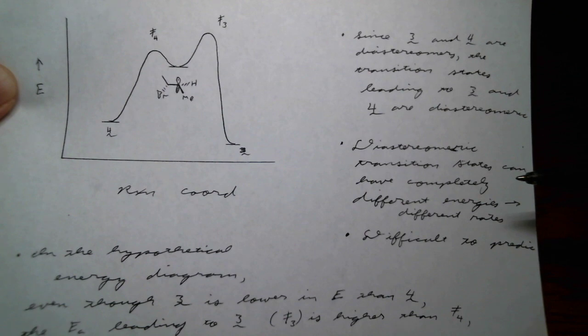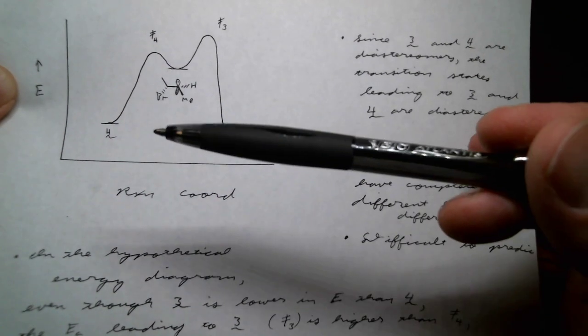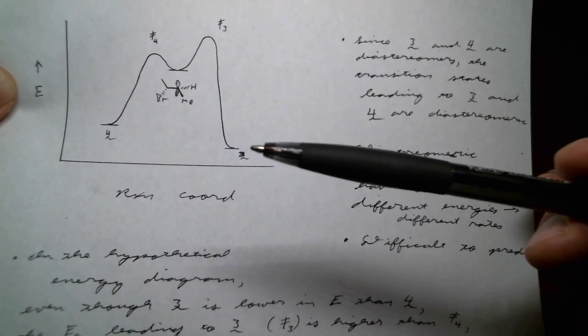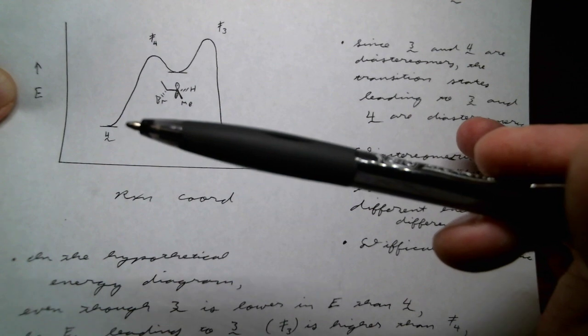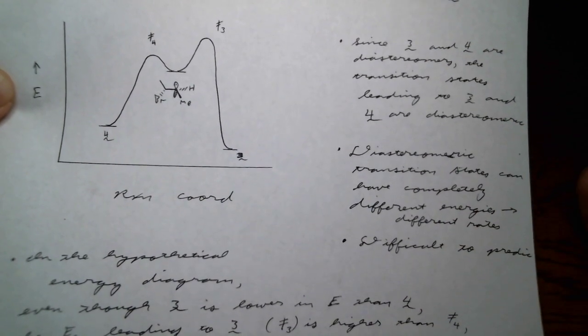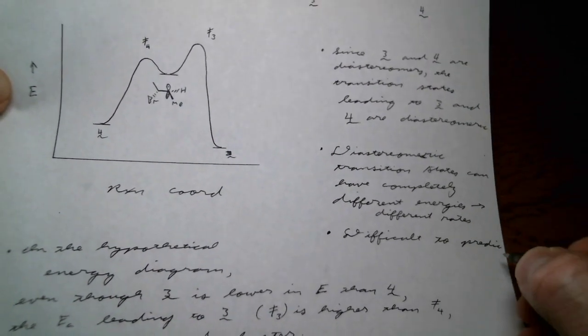Diastereomeric transition states can have completely different energies, so we would expect 3 and 4 might be formed at different rates. Even if 3 is thermodynamically more stable than 4, it might not be formed as fast, especially if the reaction is not reversible. It is difficult to predict.